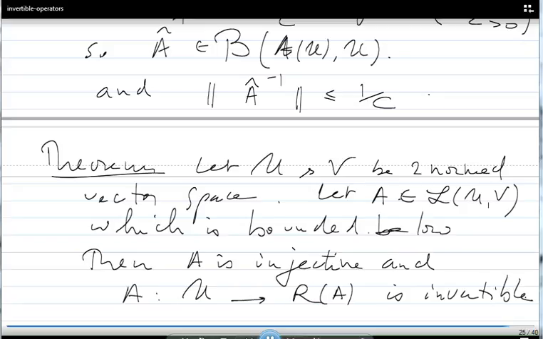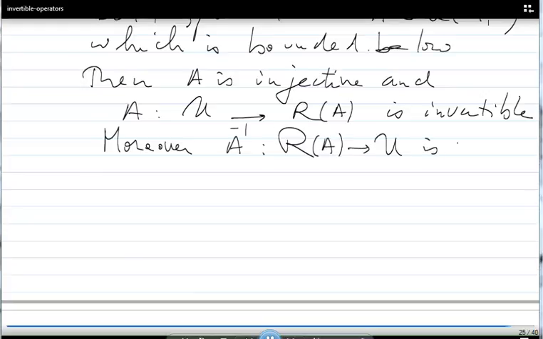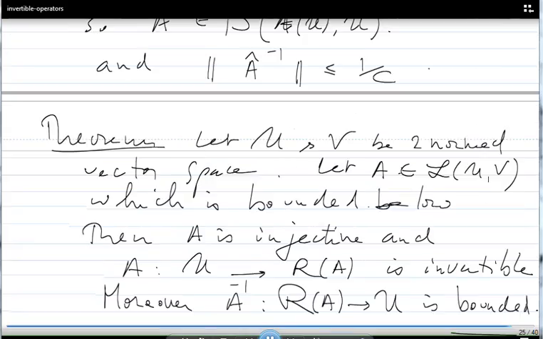Moreover, A inverse, which goes from R(A) into U, is bounded. So this is the theorem. It has all the information of what we discovered.